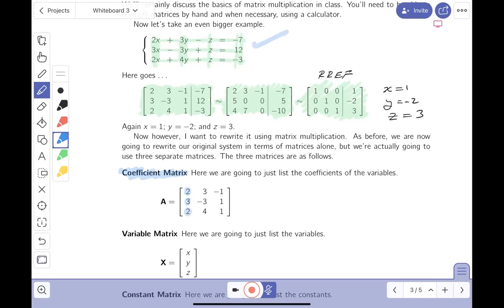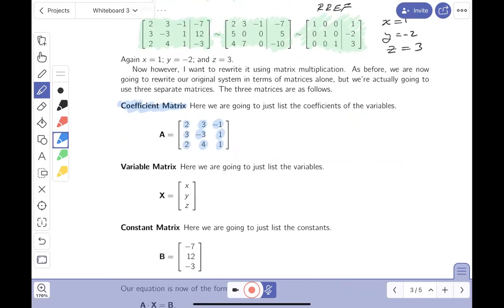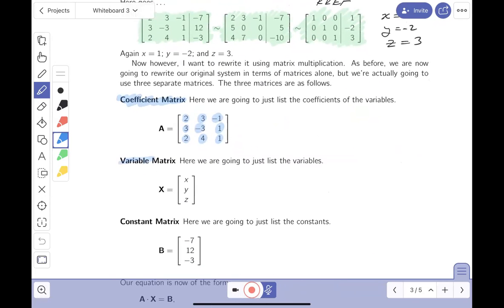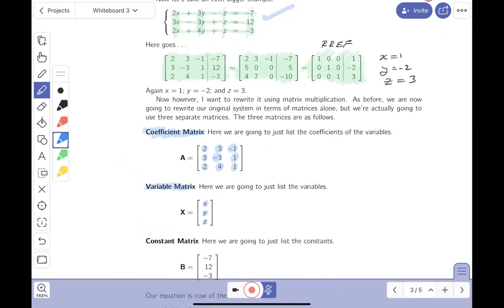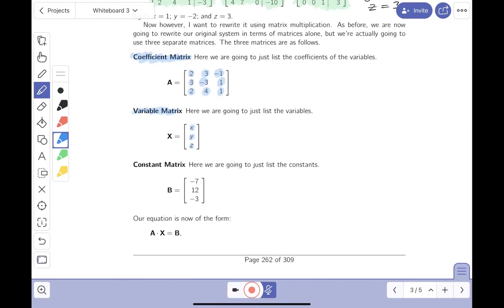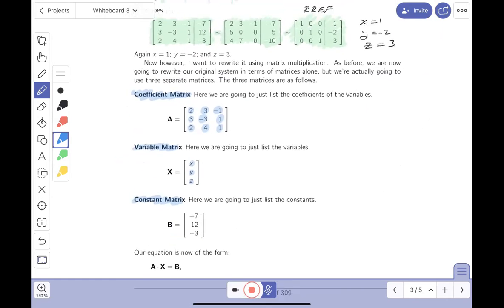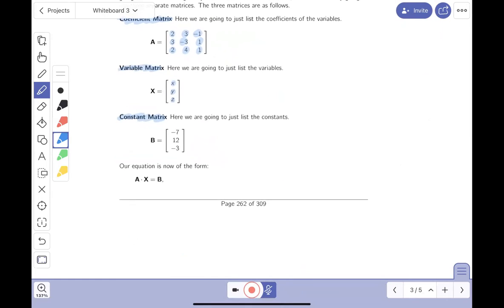I'm looking at the system over here. 3, -3, 4, -1, 1, and 1. Okay, variable matrix. What's that going to be? Well, what are the variables? X, Y, and Z. I'm seeing that. What are the constants? I'm going to look at it. -7, 12, and -3.